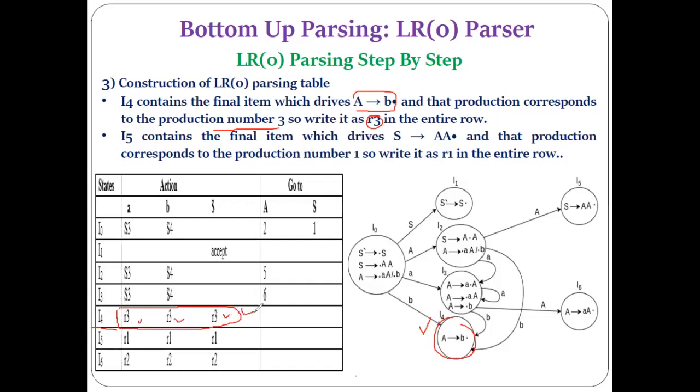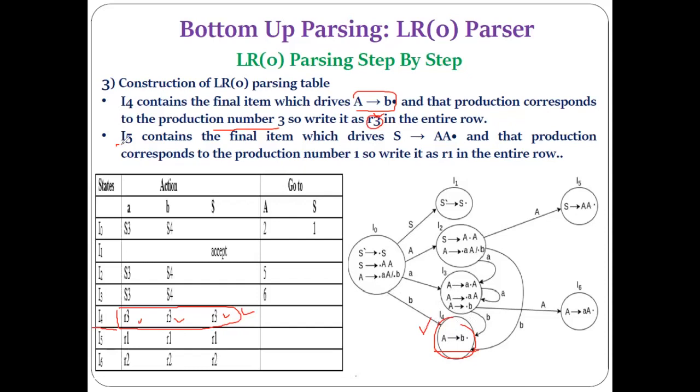That is the reason you are getting R3 here. So how do you make the reduce entry? You have to see the final item, and in that final item you have to see its production number. Its production number is 3. That's why you make the entry as R3, in the state number I4.